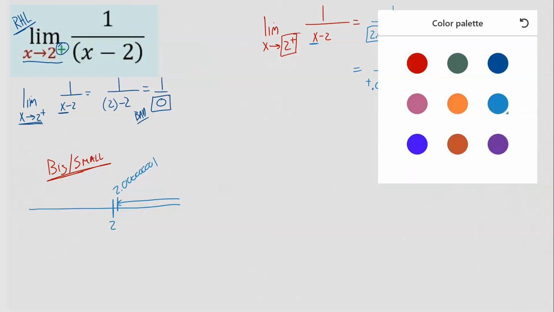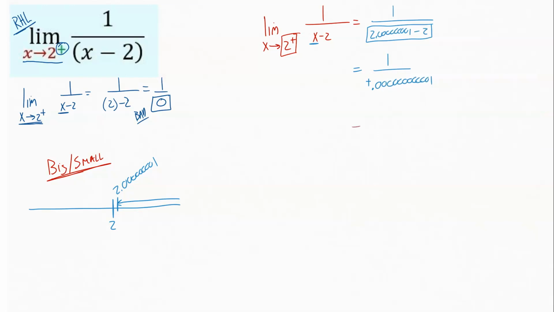And so when you read through this now, how you want to look at this is we're looking at the top here. 1 I would call a big number. 1 is very big compared to these decimals you're working with here. So what you've got on top is a positive big. When we look to the bottom, we also have a positive, but this time this number is small.